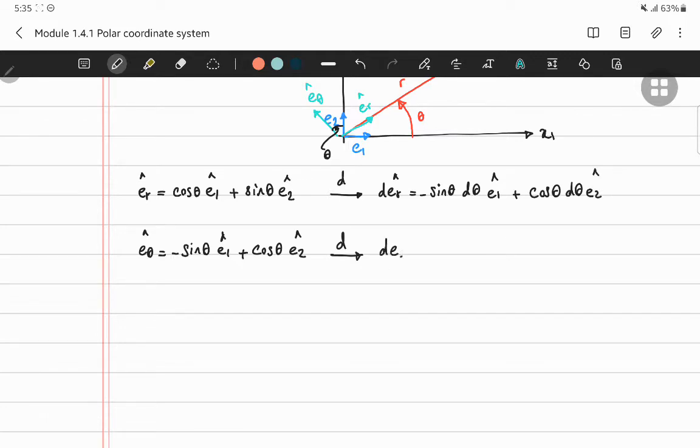And dE theta is minus sine theta, so sine theta becomes cosine theta d theta, so we have minus cosine theta d theta e1 plus, cosine theta becomes minus sine theta d theta e2.